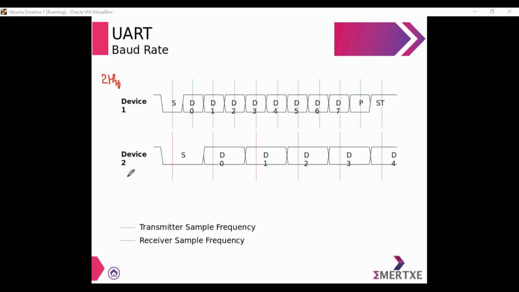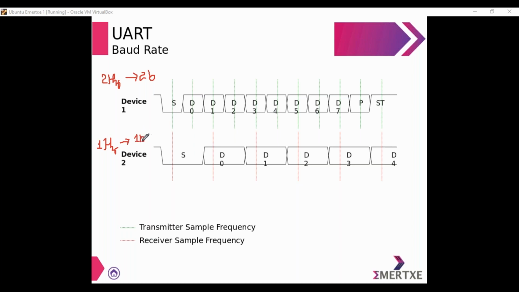And the frequency at which device 2 is working is 1 hertz, comparatively slower. Now, if the frequency is 2 hertz, that means you are going to transmit 2 bits per second. In 1 second, you are going to transmit 2 bits. And in case of the frequency being 1 hertz, you can transmit or receive 1 bit per second.